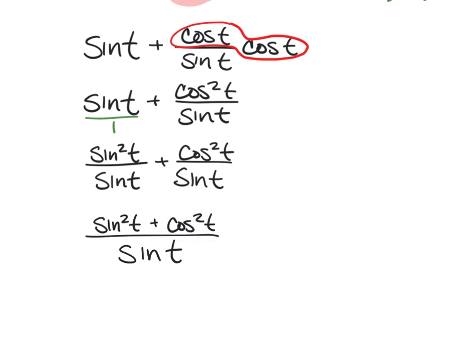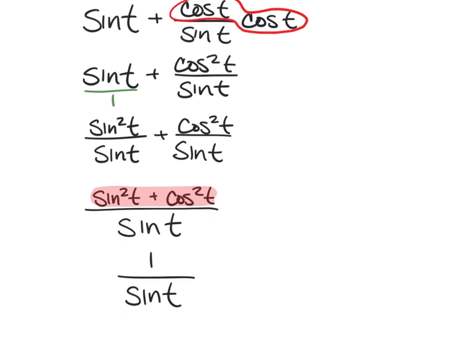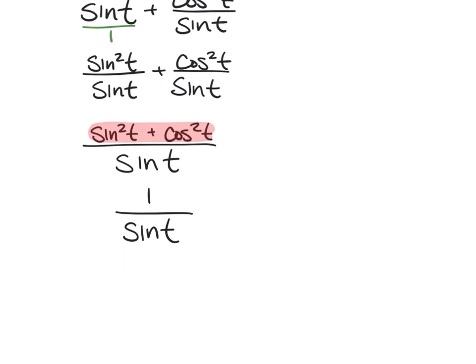Do we notice something? What's the 1 on top? What identity allows us to change this to 1? The Pythagorean identity: sine squared of t plus cosine squared of t is equal to 1. And 1 over sine of t is cosecant of t. Look at that.